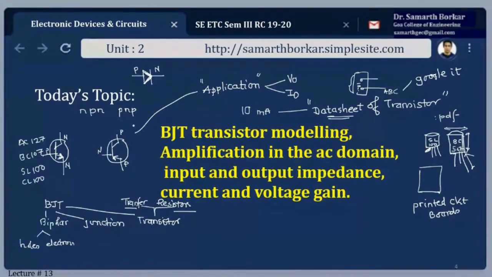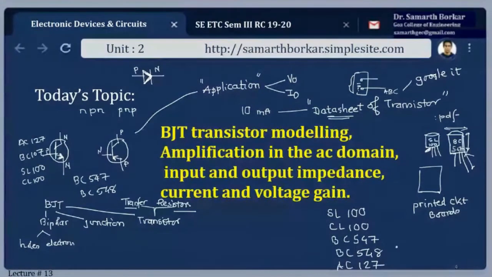Fine. So we have two types of transistors, NPN and PNP, and they have different serial numbers, BC 547, BC 548. So there will be two different types. Now again, today the task is: you have the transistors SL100, CL100, BC 547, BC 548, AC 127, then BC 107 and BC 108.